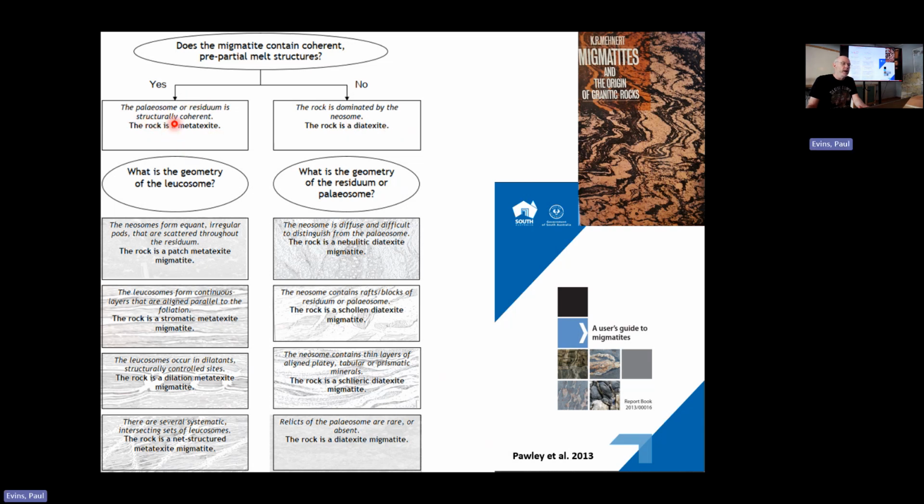The palaeosome, so the leftover stuff, rock that is not melt, is structurally coherent versus if it's a diatexite, it's not coherent anymore. Also, the original Bible in migmatites is Mehnert, where he did these beautiful hand-drawn diagrams that you see in the background on the different second order divisions here. Really nice book. And again, I'm going to show you examples of these here.